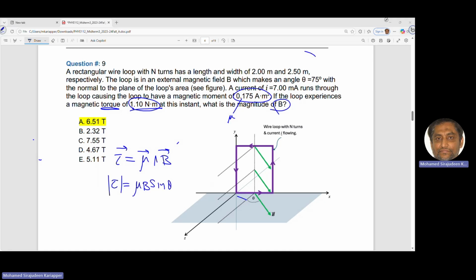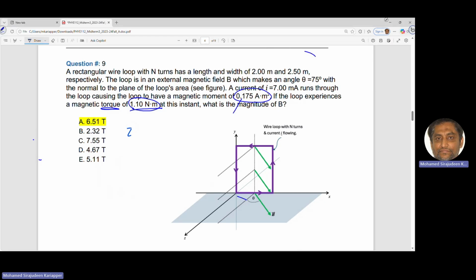He's asking for the magnitude. Yeah, good. He's asking for the magnitude, so we have to take the magnitude of everything. Let me write it again.